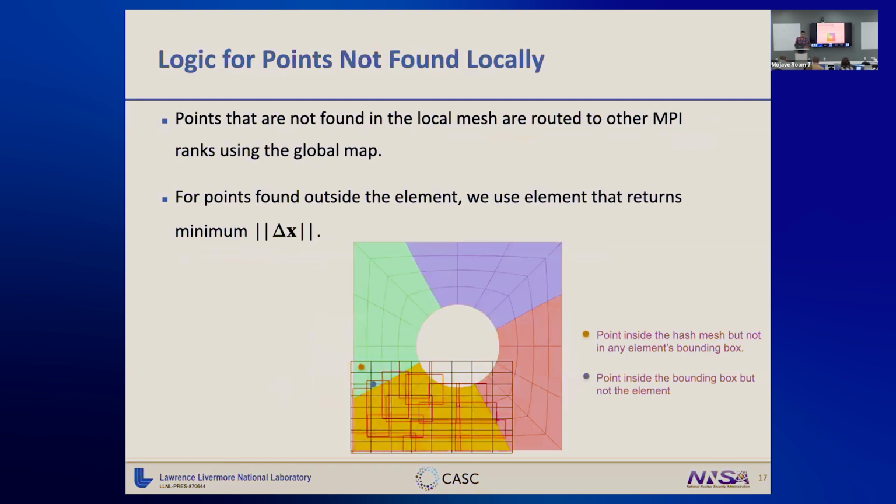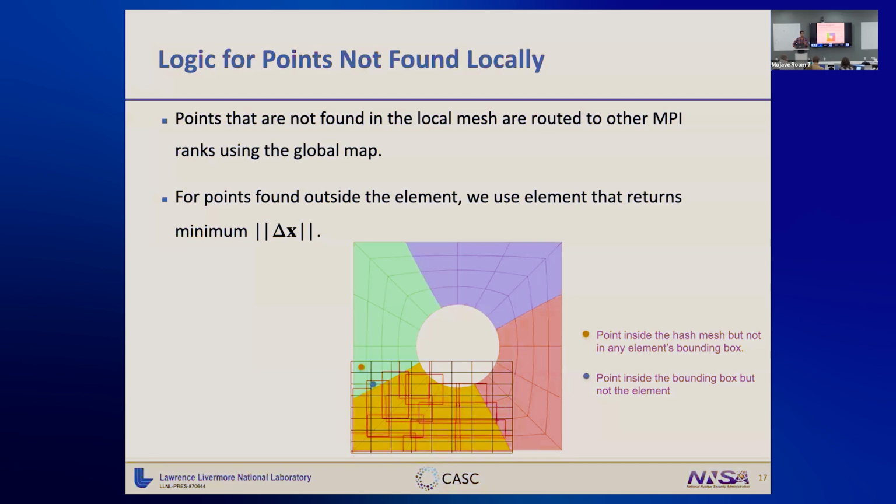Now, there can be cases where your points are not found locally. So you see two examples here. For example, the golden colored point here is located in your local hash mesh, but it's not located inside any element's bounding box. So that point will be discarded right away for search on that rank. Whereas the blue point is located in the bounding box of one of the elements.